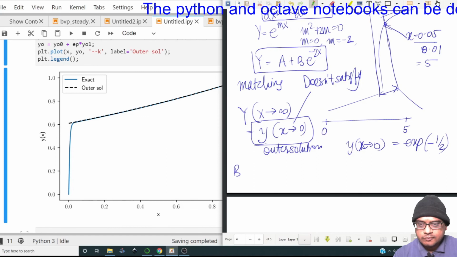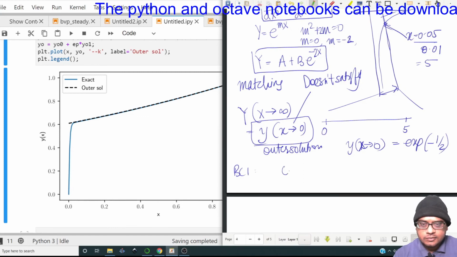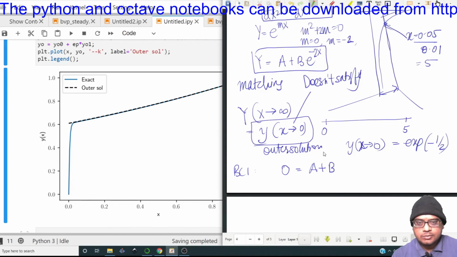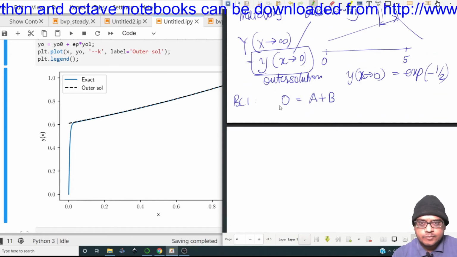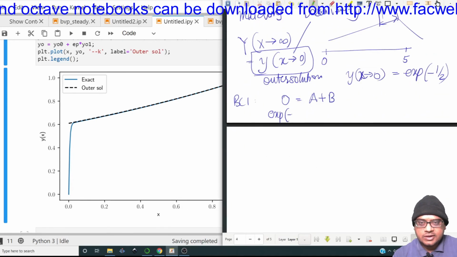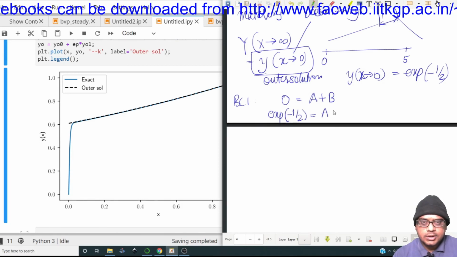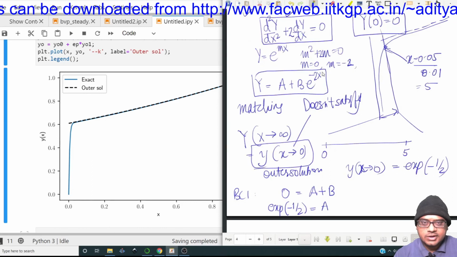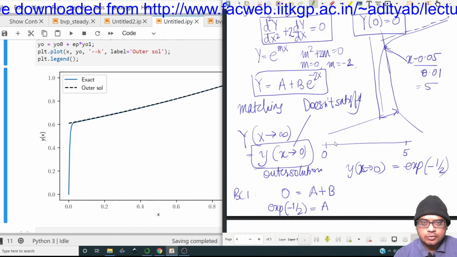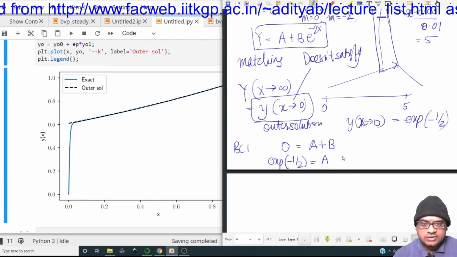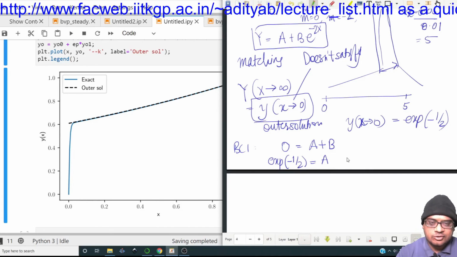Okay, so first boundary condition: 0 is equal to A plus B. Second boundary condition: exponential of minus half equal to A. So now X tends to infinity will make this 0, so A is exponential of minus half, and B is minus exponential of minus half.